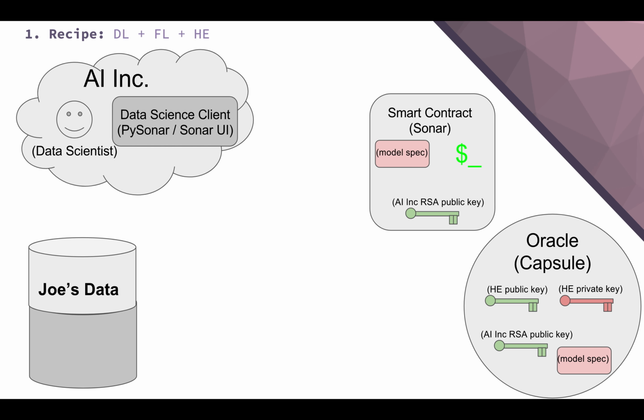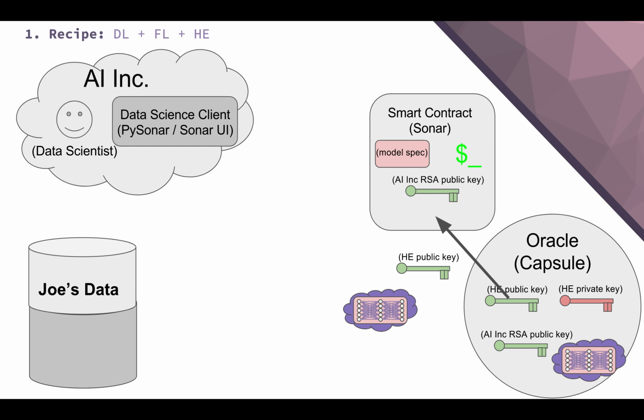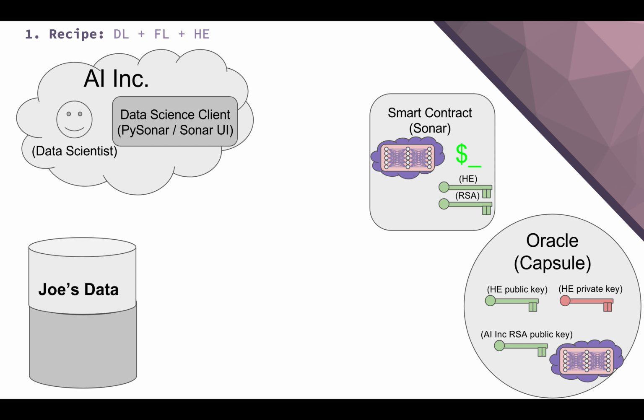Oracle now generates the public and private homomorphic encryption key. It generates the initialized parameters for the model. And now the black box Oracle service will encrypt the model using the homomorphic keys that it has now generated. This model will now be pushed back up to the smart contract along with the homomorphic public key. This will now sit on the smart contract in an encrypted state.